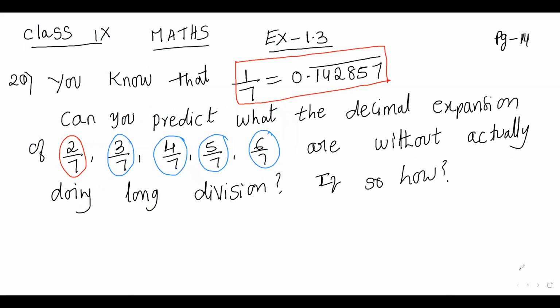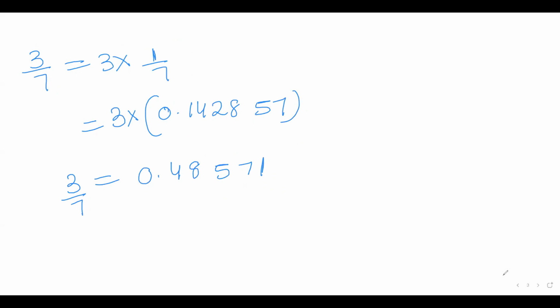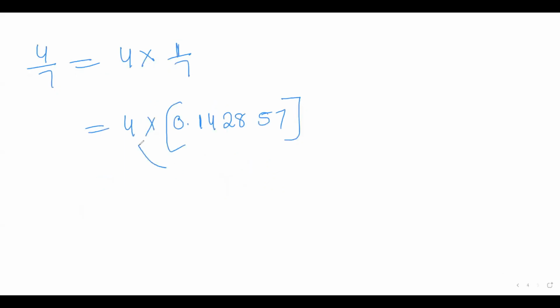For example, if you want 4 by 7, you should multiply 4 into 1 by 7. Now 1 by 7 value is given in the question itself, and it is 0.142857. Just multiply these two to get your answer.